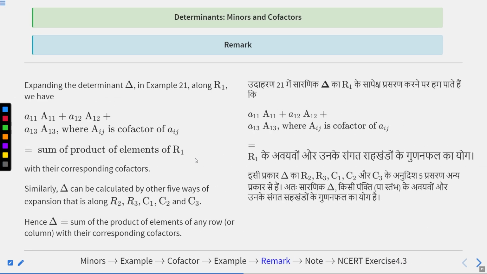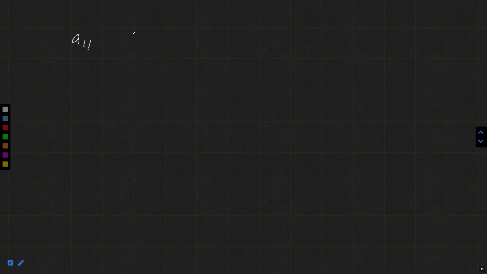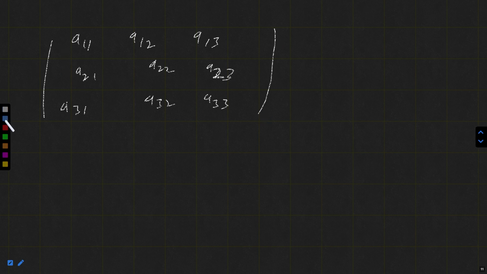Some remarks. Expanding the determinant of the previous examples along R1, you already know this. If you have A11, A12, A13, A21, A22, A23, A31, A32, A33, expand this determinant using row 1.